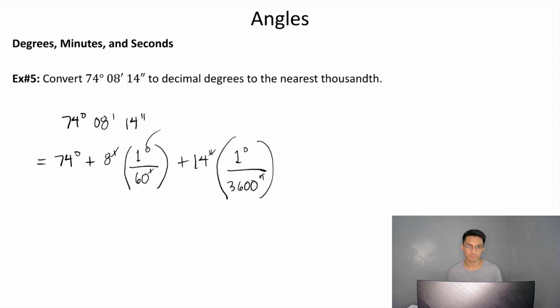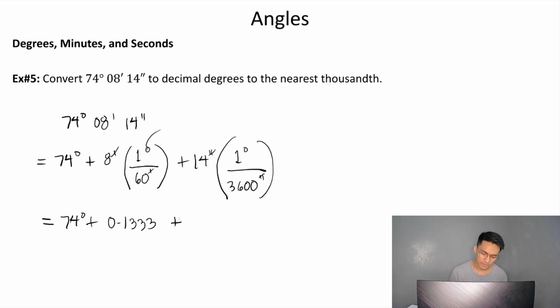Itong dalawa na to. The answer now will be 74 degrees plus 8 divided by 60. We have 0.1333 and so on, or pwedeng 0.1333 na lang.